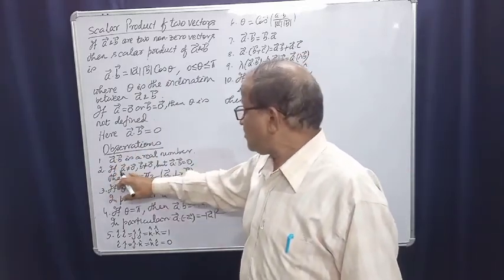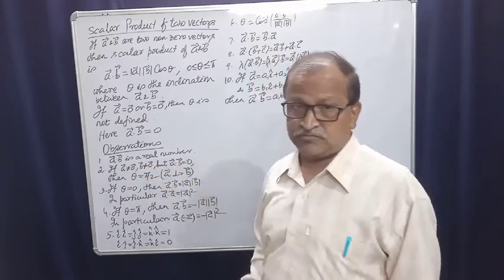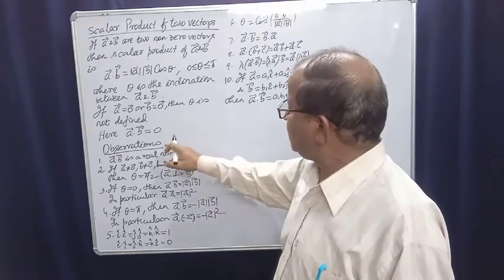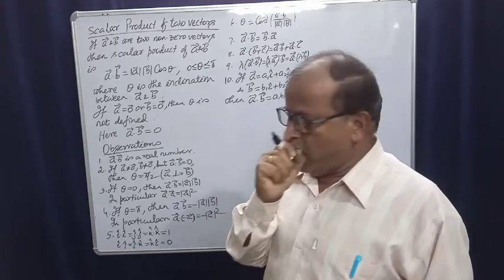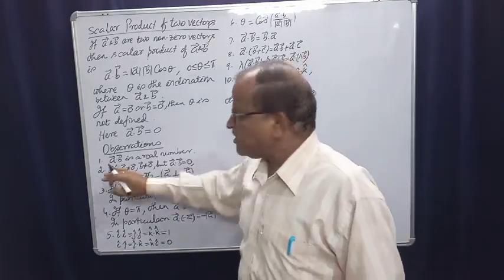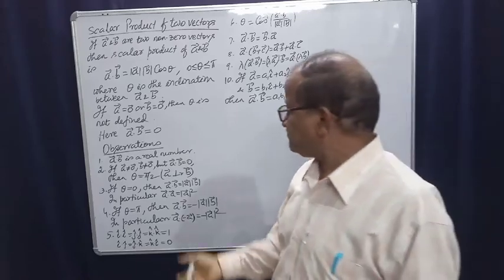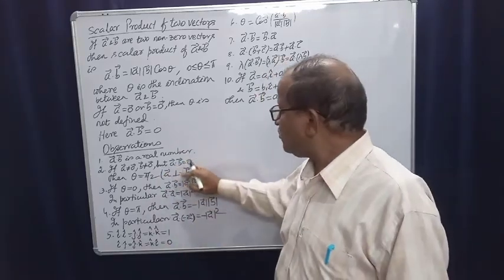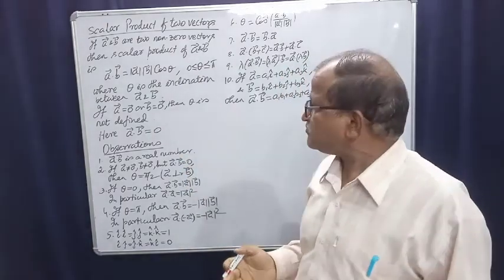Then if A is not equal to 0 and B is not equal to 0, but A dot B is 0. Suppose neither A is 0 nor B is 0, but A dot B is equal to 0. What conclusion do we get?